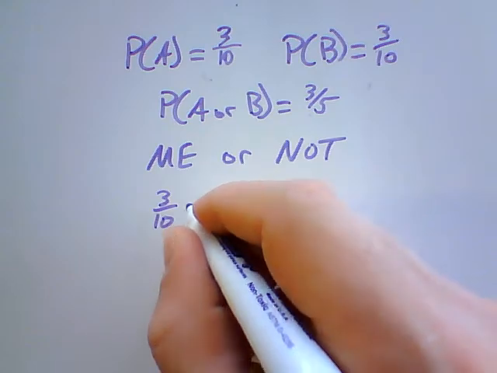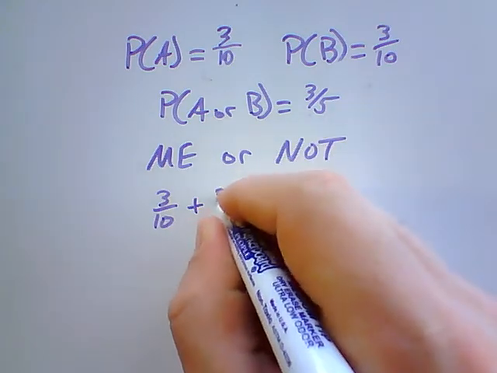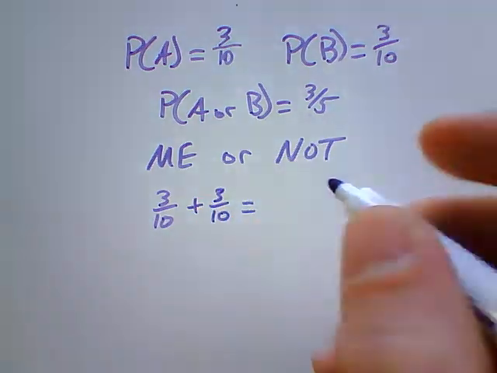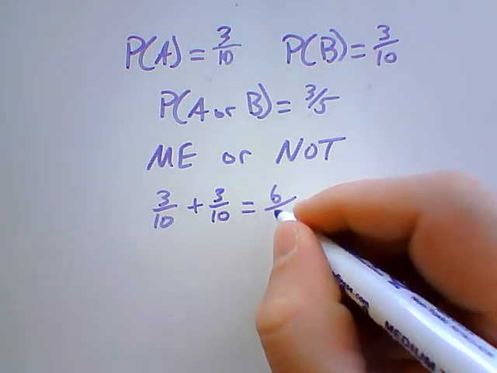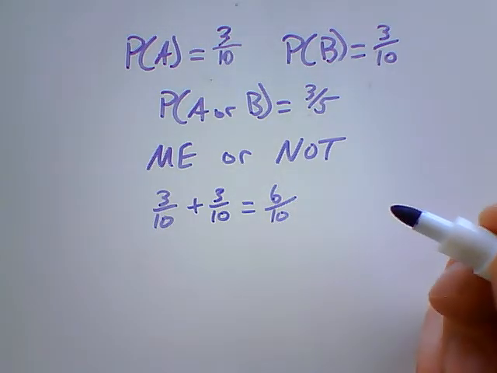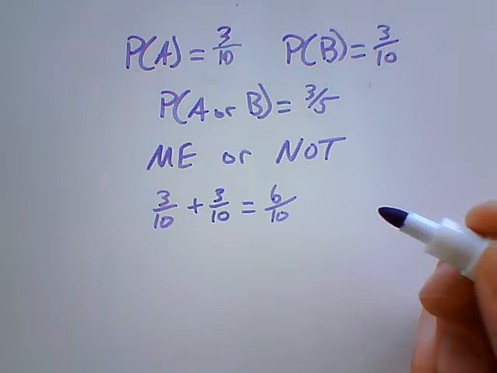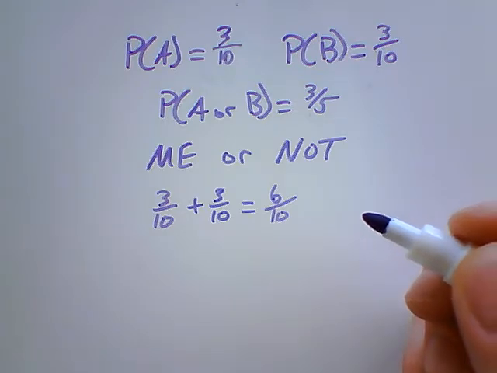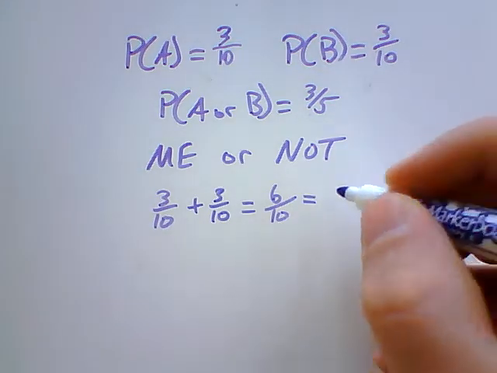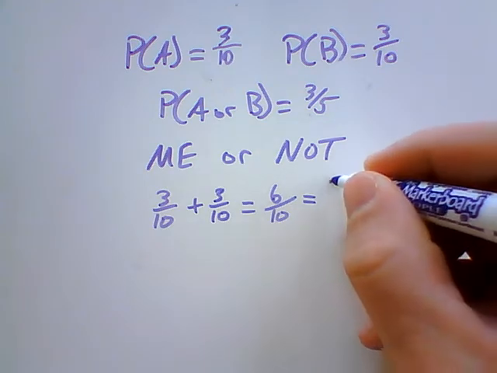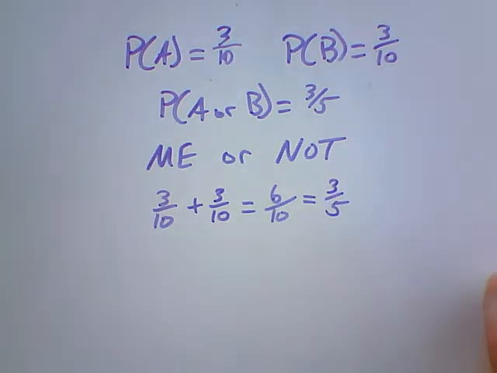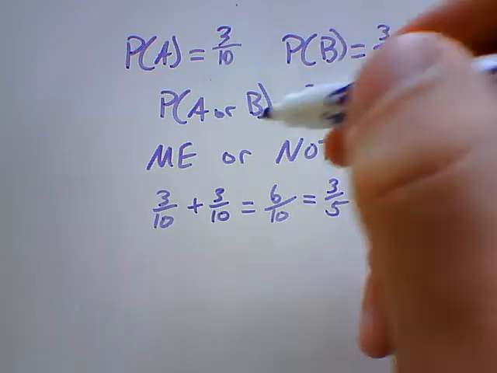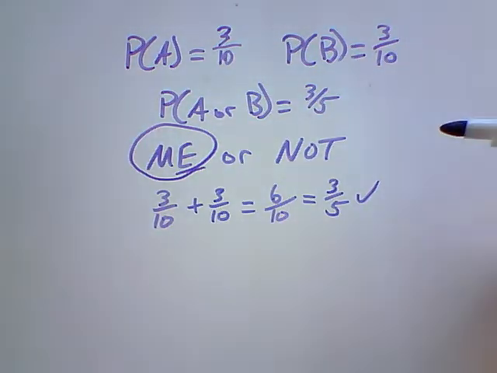So 3/10 from the probability of A plus 3/10 from the probability of B is 6/10. 6/10, both even, reduce them by 2. Look at that, 3/5. It is mutually exclusive.